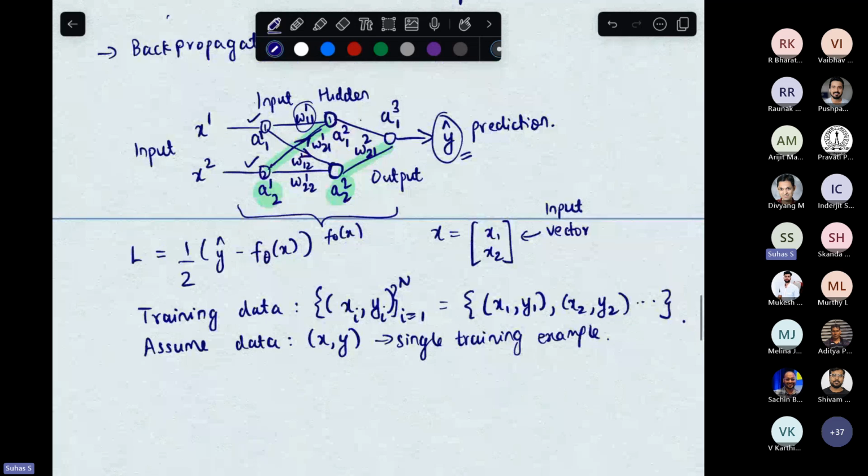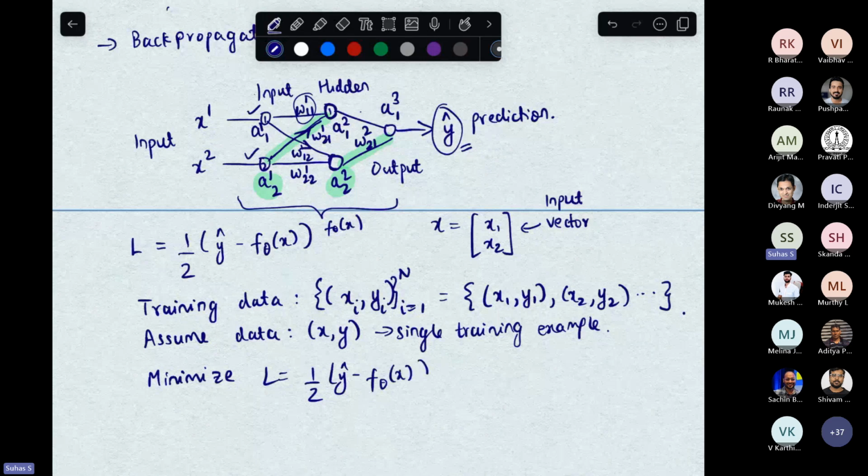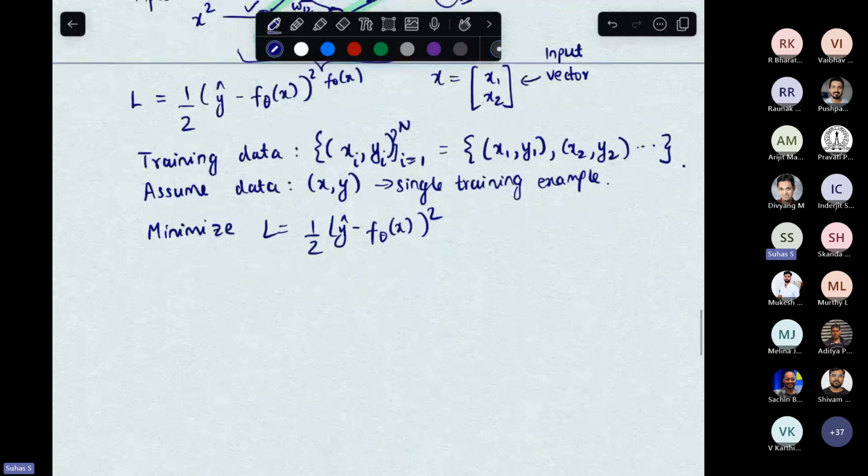Now, our goal is to minimize L equal to half of y hat minus f theta of x squared. So this is what we want to minimize. And how do we minimize any function? We compute its derivative with respect to what we can optimize over or what we can change in the network. And what can we change in the network?